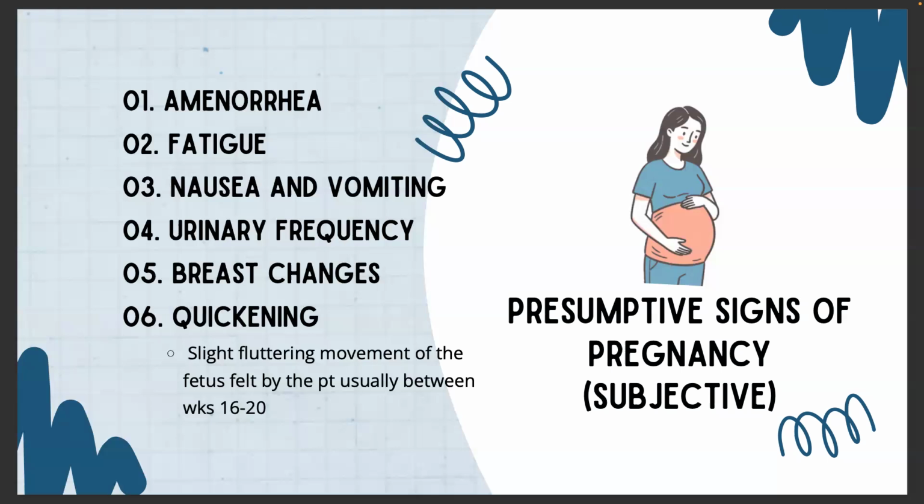Fatigue is also very common in early pregnancy because of that increased progesterone, as well as the higher metabolic demands and the blood volume expansion. But again, it's very subjective here, but it's also very typical. Nausea and vomiting tends to happen because of the increase in HCG and estrogen. Sorry, estrogen would stimulate the chemoreceptor trigger zone.